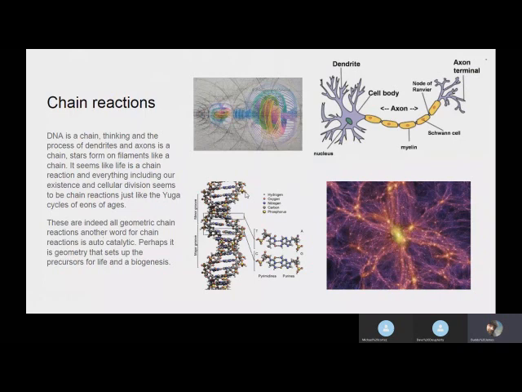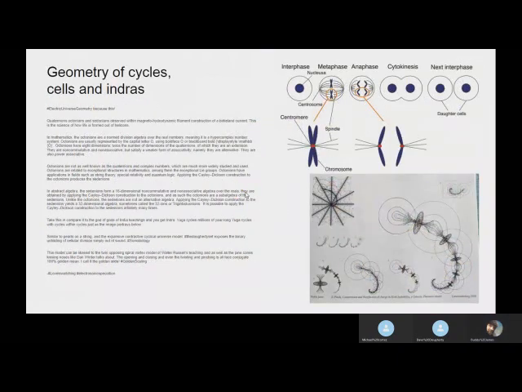Perhaps it is geometry that sets up the precursors for life and abiogenesis. Geometry of cycles, cells, and indras. Quaternions, octonions, Sidonians observed within magnetohydrodynamic filaments, construction of a Birkeland current.